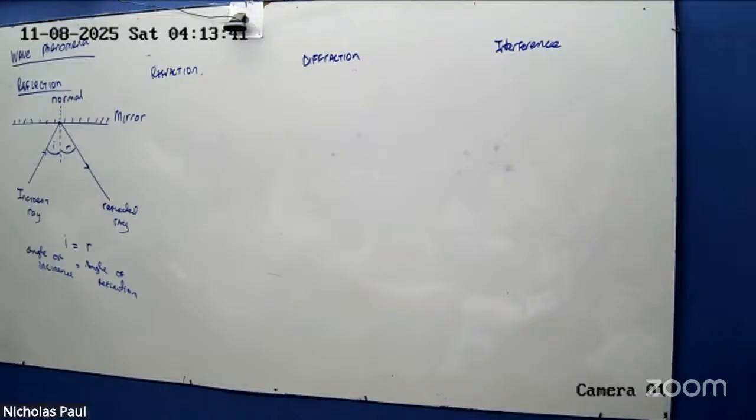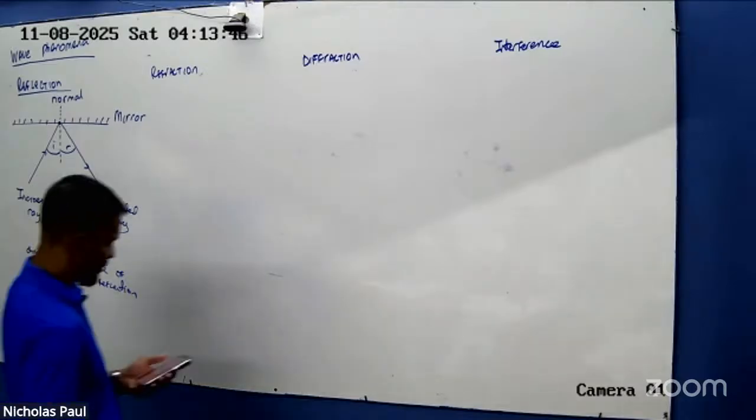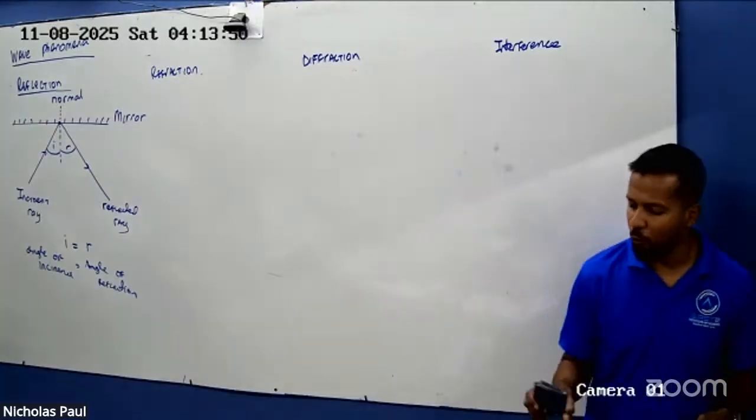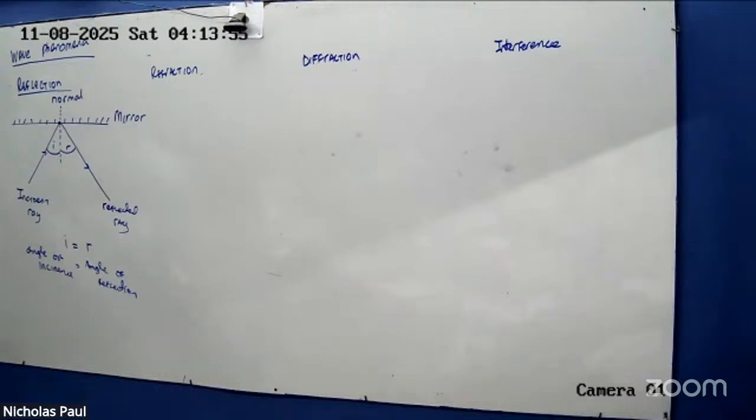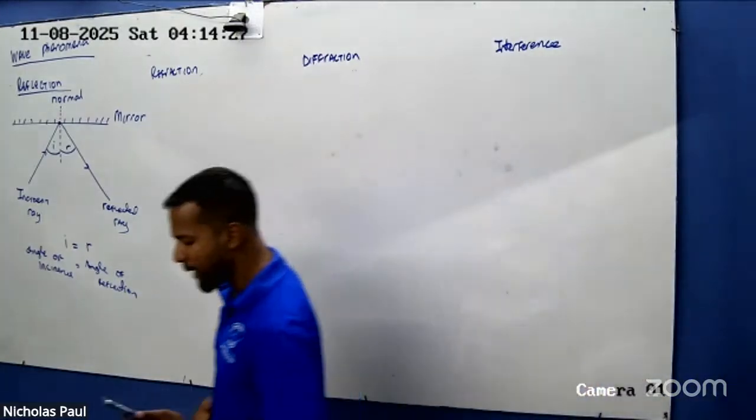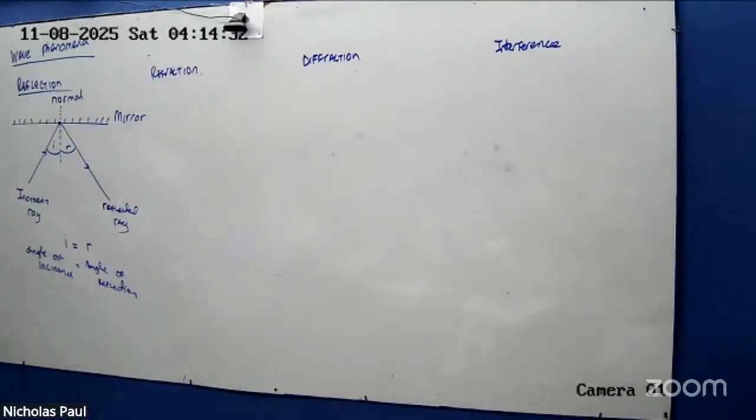A small thing, a reflection of a wave. Reflection of a wave is a process by which a wave bounces back after hitting a surface or boundary.